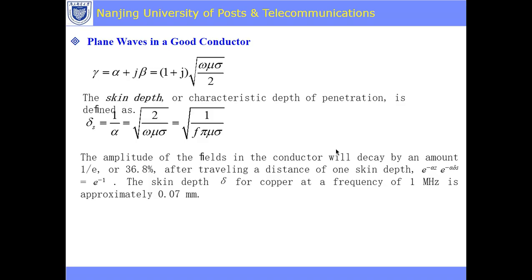Now, how can I explain this equation? Omega changes into 2 pi f. What is happening here? Skin depth is equal to 1 over root of pi f mu sigma, right? What is happening?